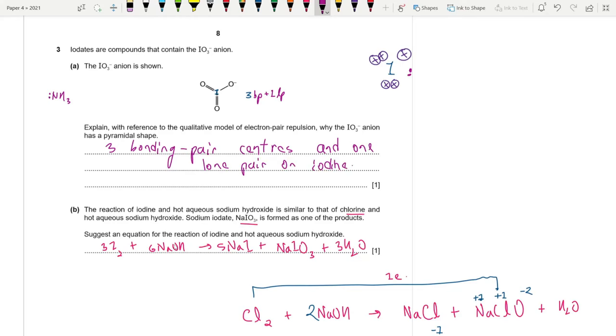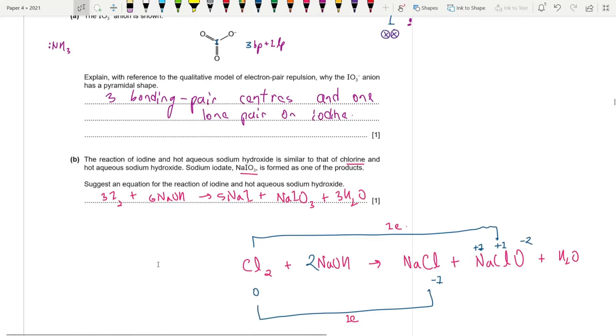Now, the reaction of iodine and hot aqueous sodium hydroxide is similar to that of chlorine and hot aqueous sodium hydroxide. So this is content from AS. You need to have this memorized basically. You know that chlorine reacts with sodium hydroxide under 2 conditions, hot aqueous sodium hydroxide and cold aqueous sodium hydroxide.